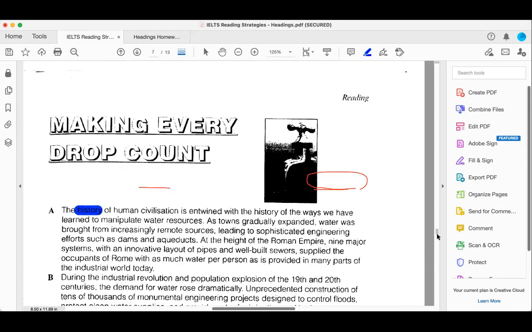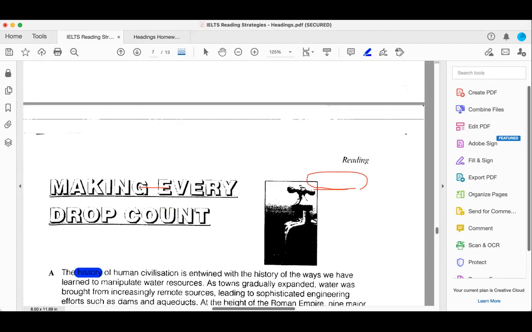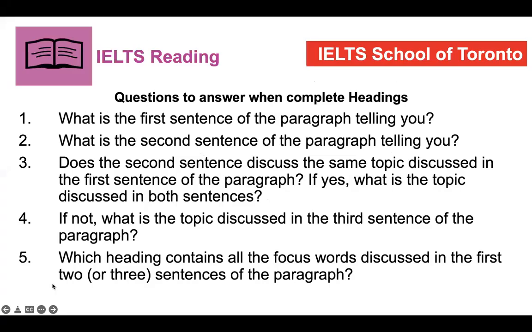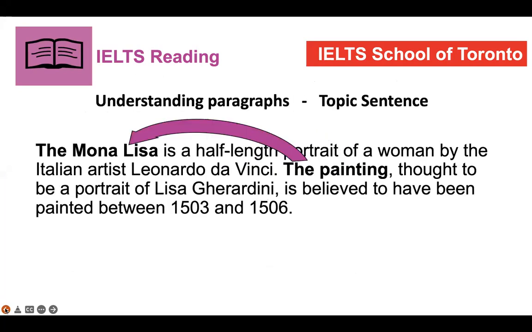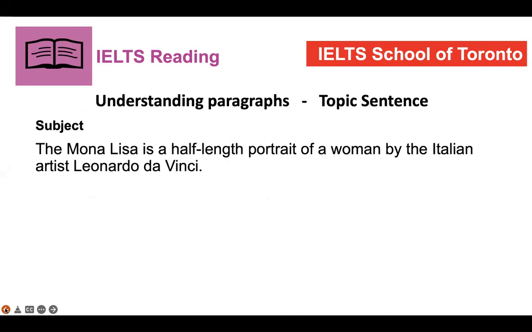When we talked about Mona Lisa, let me go back here for a moment. Here we said that in your writing, you need to have a topic sentence. The topic sentence has a topic, in this case, Mona Lisa, and a controlling idea, in this case, the artist, Da Vinci.